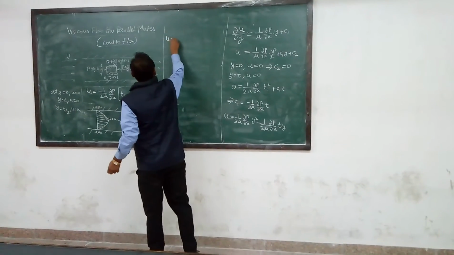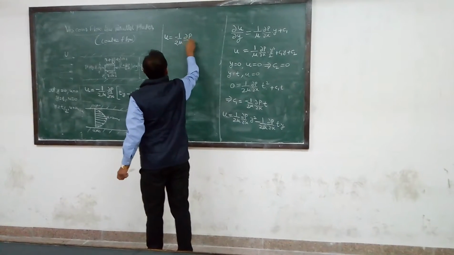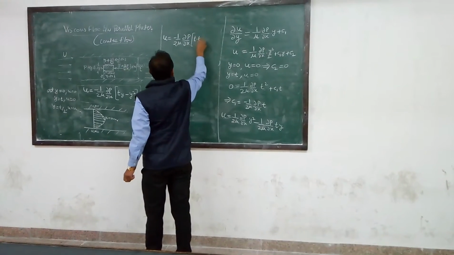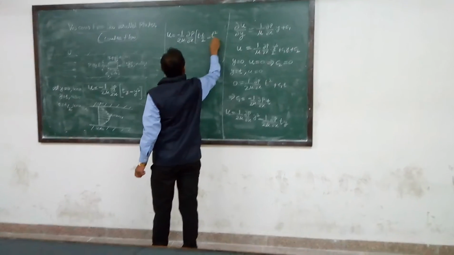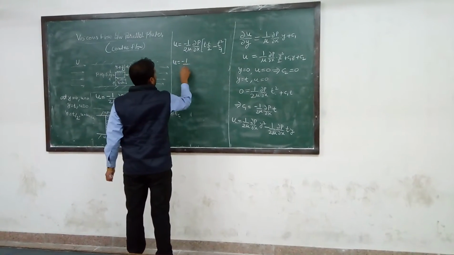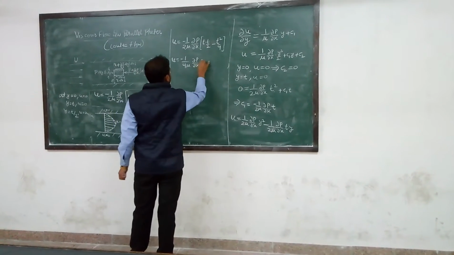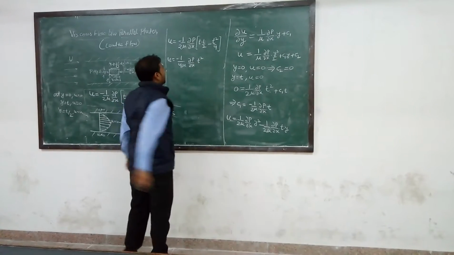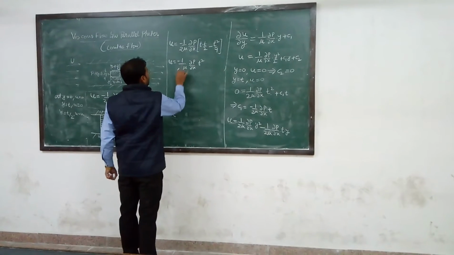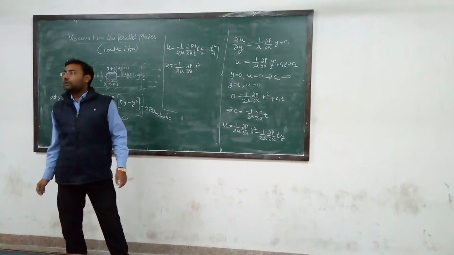So we get u = -1/(2μ) ∂p/∂x [t·(t/2) - t²/4], so u = -1/(4μ) ∂p/∂x t²/2, that is u = -1/(8μ) ∂p/∂x t².